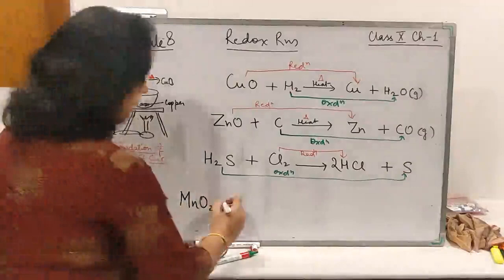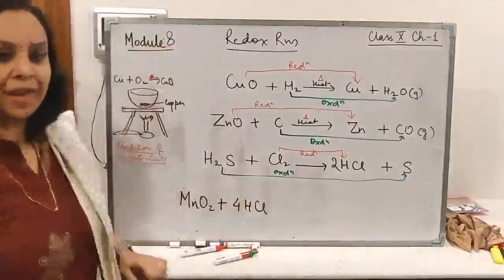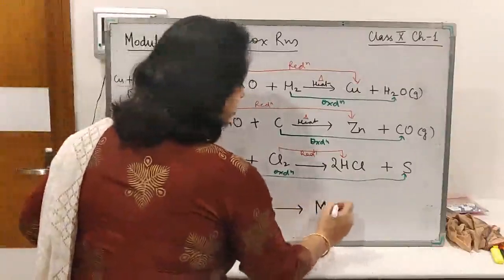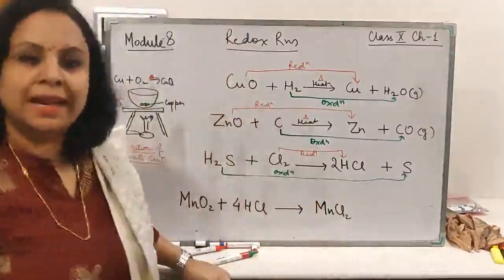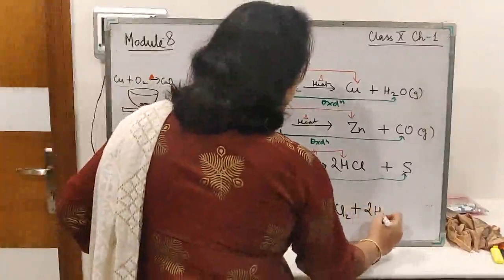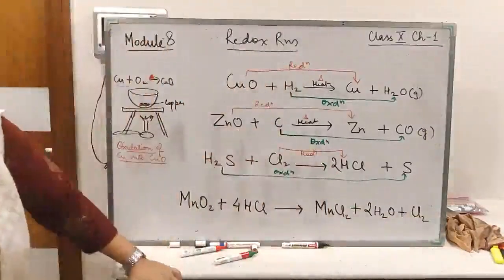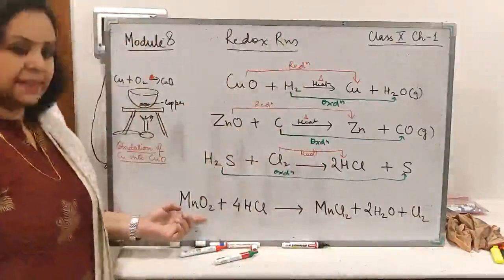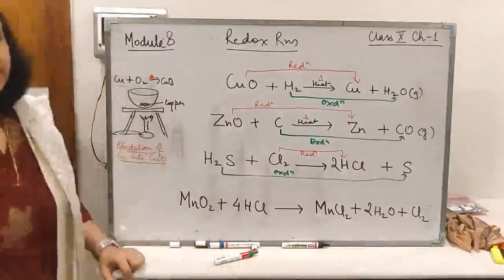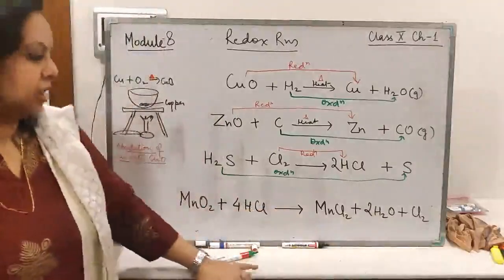Manganese dioxide, when it reacts with hydrogen chloride, it forms manganese chloride, water and chlorine gas. Now, if we see among these two, manganese oxide is getting converted into manganese chloride.